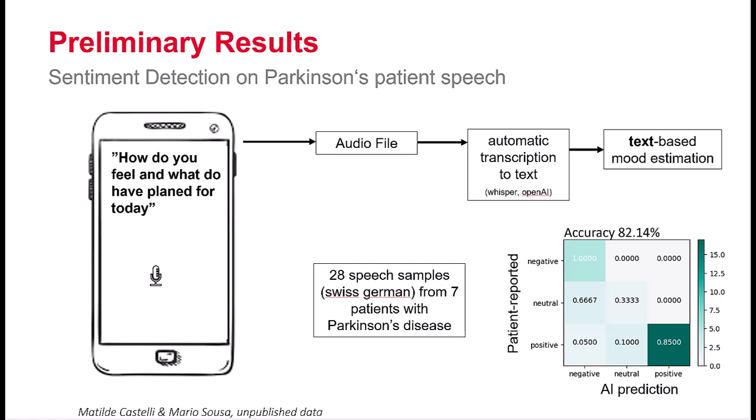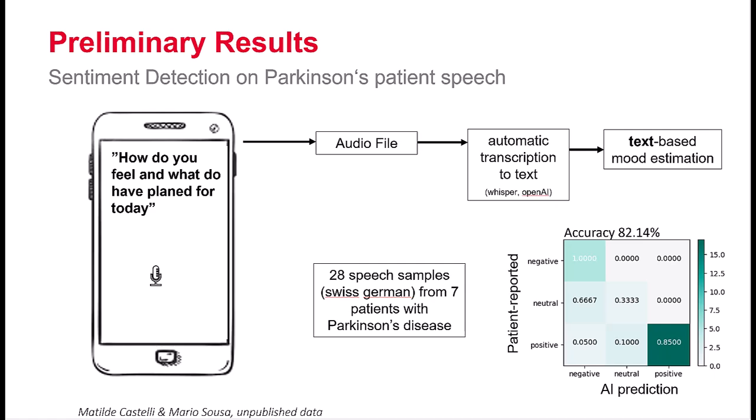What we asked patients, we asked them to not only record their voice, but also tell us how they currently feel. And you see the patient-reported feelings on this side here. So here they feel positive, here they feel neutral, and here rather negative.